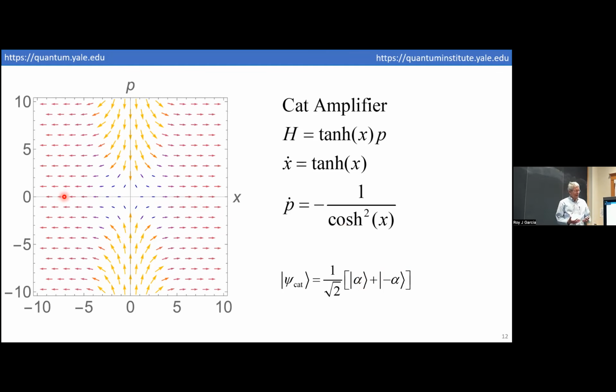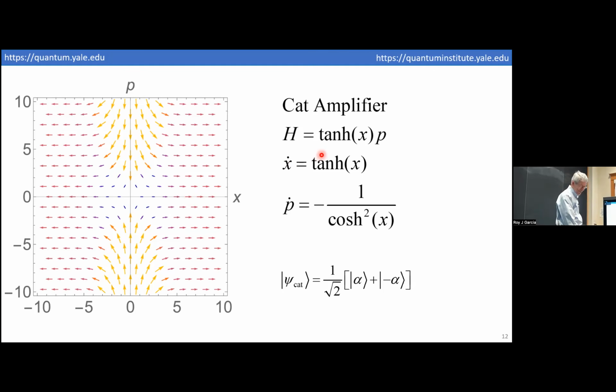Because of damping, over time, the size of the cat will shrink. So suppose I want to make it bigger without distorting the shape of these coherent state blobs. Then in a classical picture I want an extremely uniform flow, with a constant velocity so that the momentum is not changing.